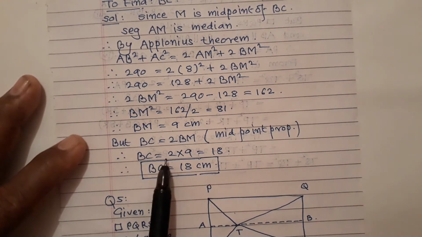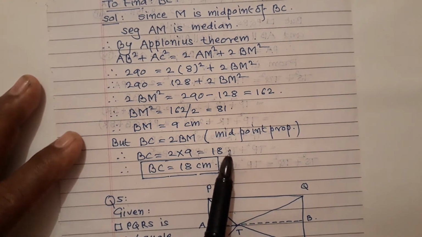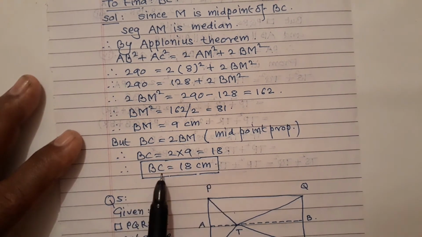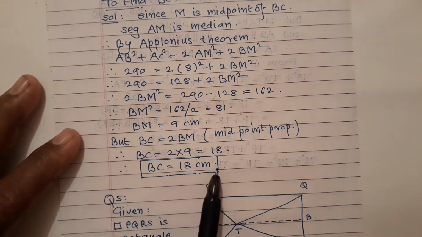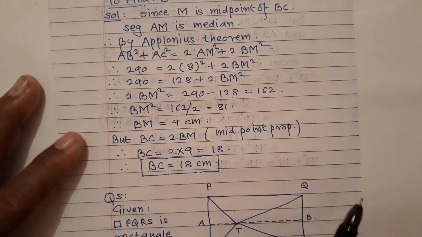Therefore BC is equal to 2 into 9, which is equal to 18, so BC is equal to 18 centimeter. Here the unit is given, and therefore you have to write the unit. Otherwise your marks will be cut.